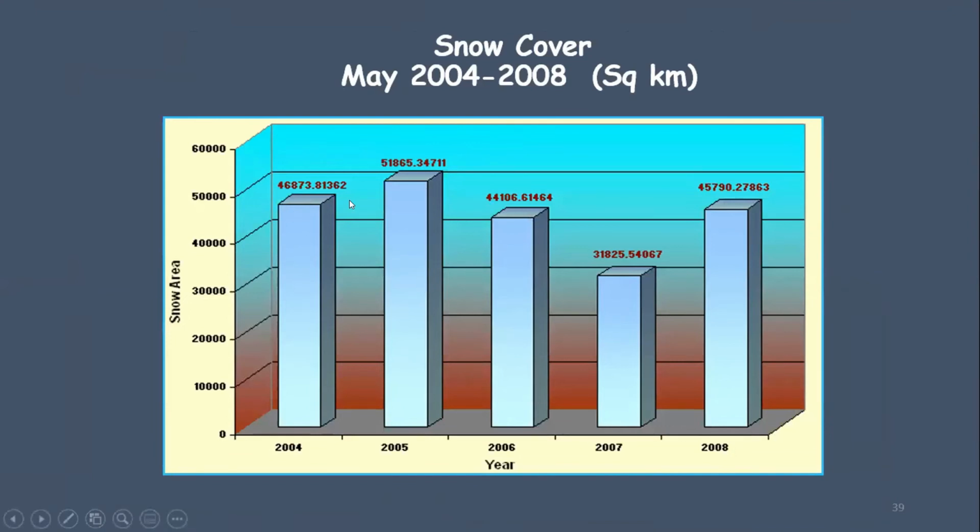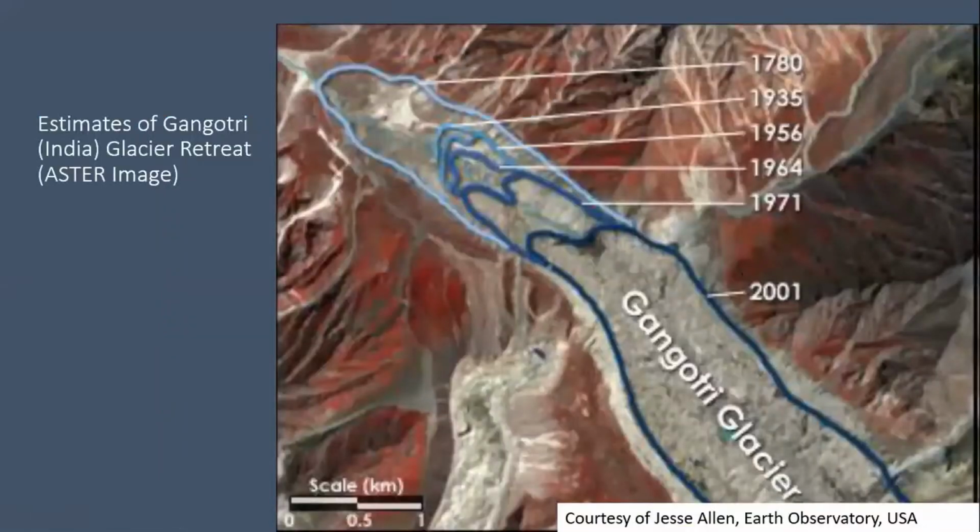This is the same chart of the previous images that we used from the month of May from 2004 to 2008. Okay, so we can also monitor the changes in the glacier. Let's see, this is the image of the Gangotri glacier. We can see that with the passage of time how much the glacier is retreating.